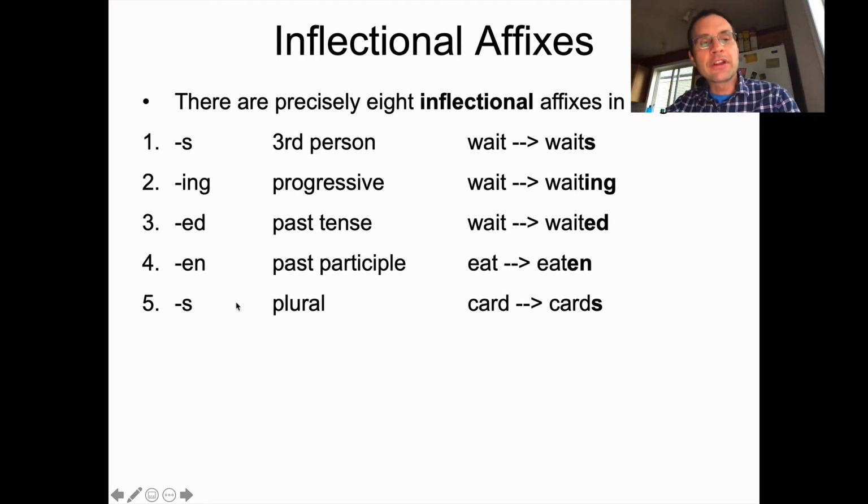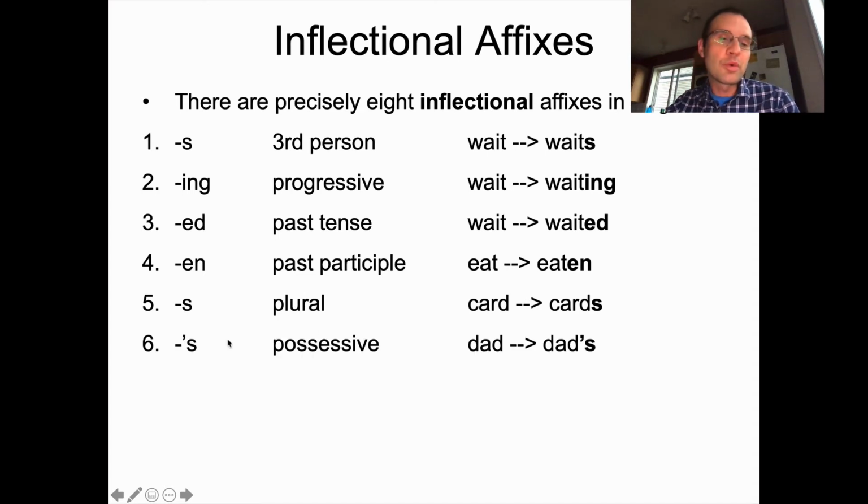Other than that, we have a couple which can attach to nouns. So we have the plural suffix s, which we've seen before. So you can have 1 card, but 2 cards, 3 cards, so on and so forth. Anything more than 1 card, you have to have cards. There's also a possessive marker, which looks or sounds at least identical to the plural suffix and also the third person verb suffix.